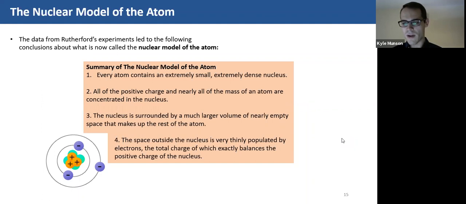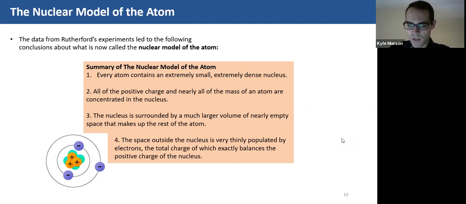The nucleus is surrounded by a much larger volume of nearly empty space that makes up the rest of the atom, and that's why most of the alpha particles went through the sample. The space outside the nucleus is very thinly populated by electrons, the total charge of which exactly balances the positive charge of the nucleus.